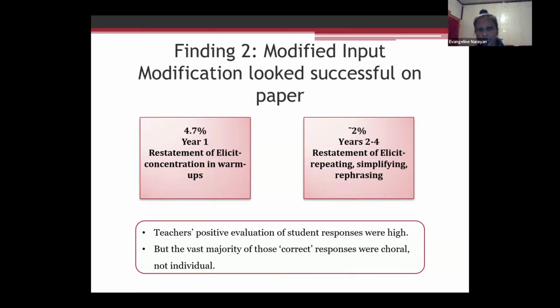And another indicator was the fact that teachers also provided a lot of positive evaluation of their responses. So that's another indication. But when I went back to the transcript, I found that a vast majority of these correct responses were choral responses. They were not individual responses.